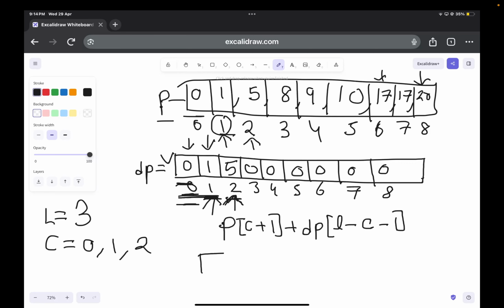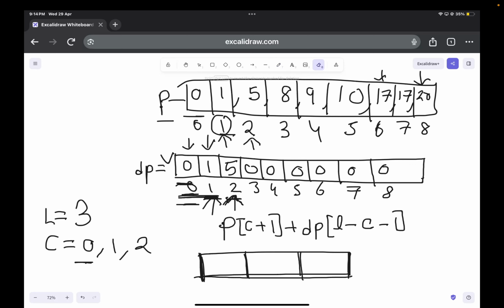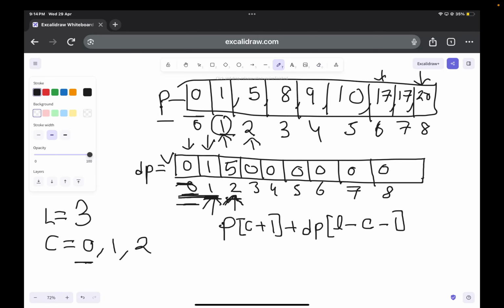So length 3. First I have to cut here. So if I cut here, what is remaining? First 0 cut, after that 1 cut, and then 2 cut. Okay, let's do it first using formula.